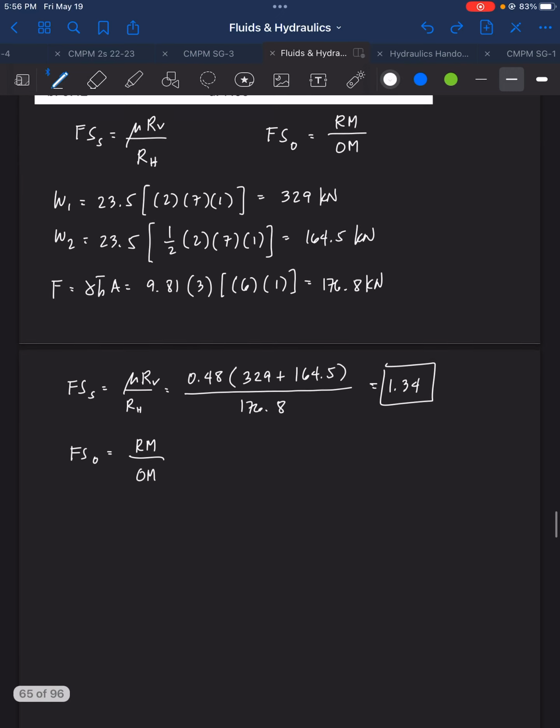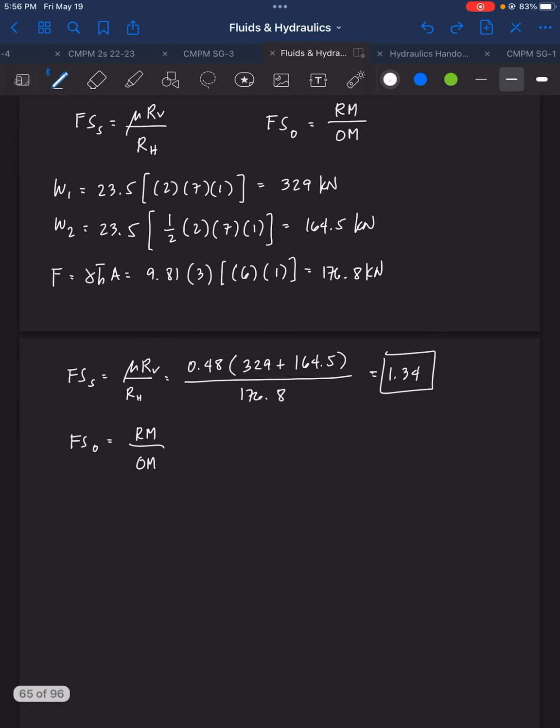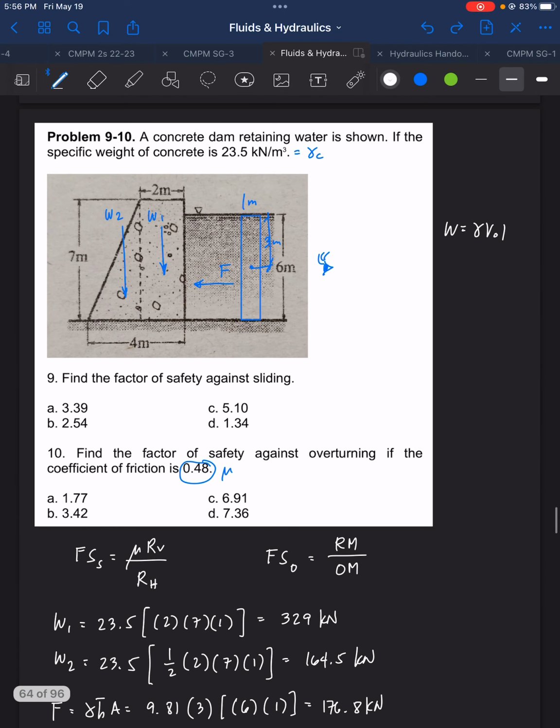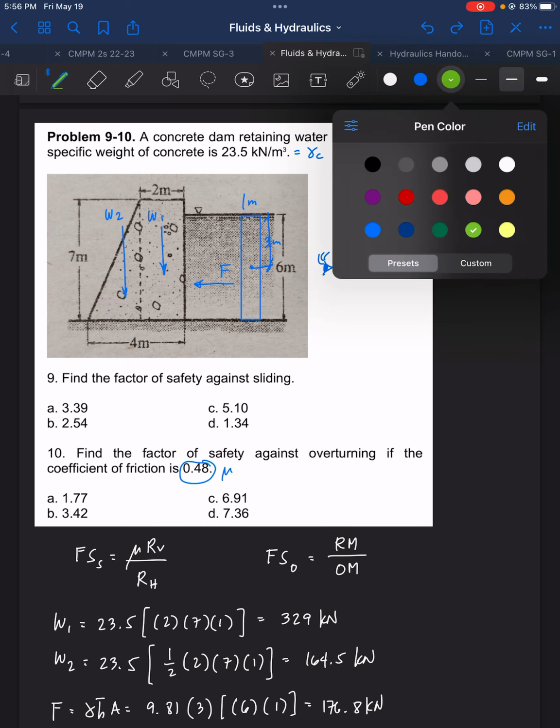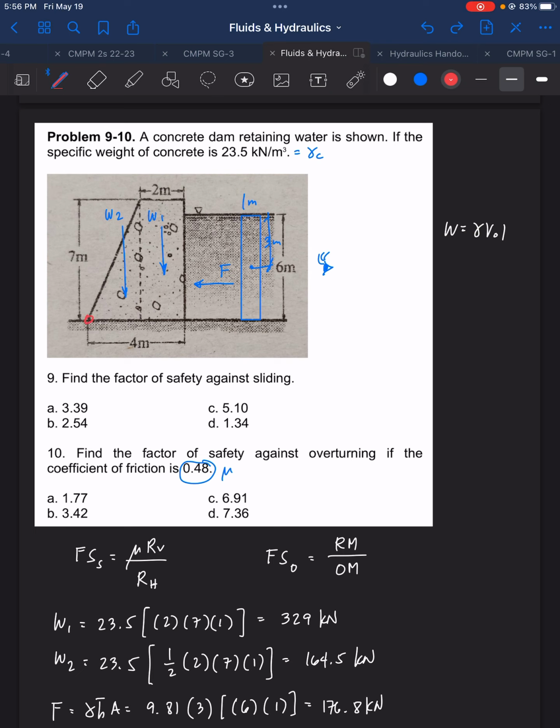So for our factor of safety, our righting moment, since we're dealing with moments, we need the distance of these forces from the toe. Where is the toe? The toe is here. Can you see this portion? That is the toe.